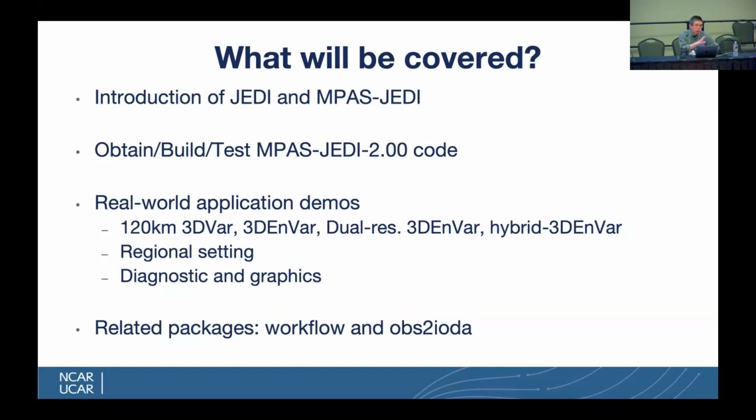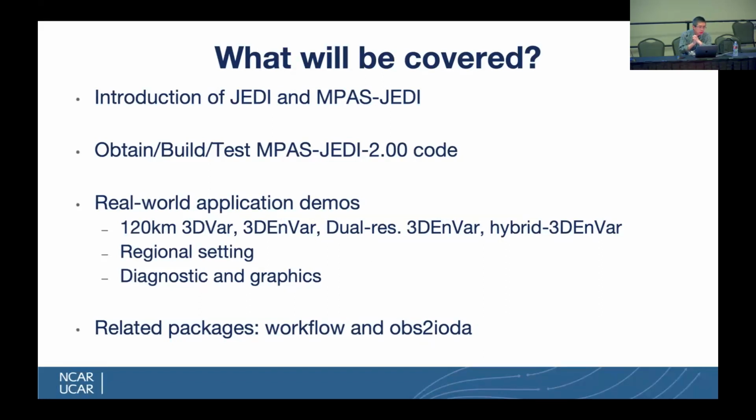Like Michael, I will log on to the Cheyenne computer and give you some idea how to run different things, different settings, including 3DVar, 3DEnVar, and the dual resolution capability, and how to do the hybrid, also the regional setting.